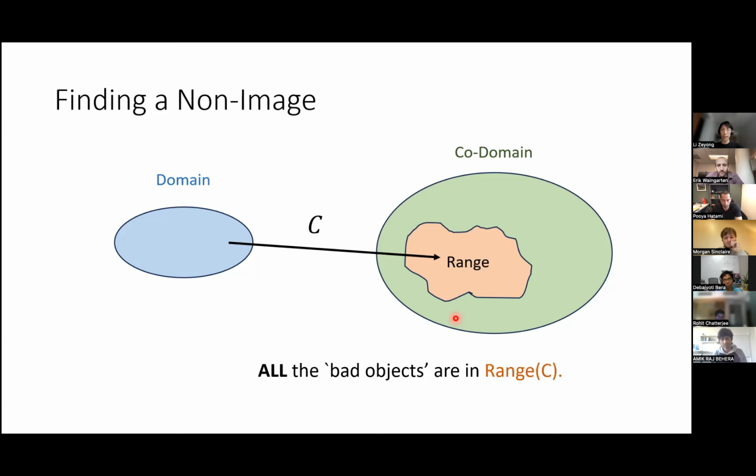Suppose that the circuit C works in a way that it maps all the bad combinatorial objects into its range. Now, by definition of range avoidance, I'm going to obtain a solution outside the range, which guarantees that whatever I obtain is going to be a good object. So therefore, if you can solve range avoidance, you will figure out how to construct all those combinatorial objects.